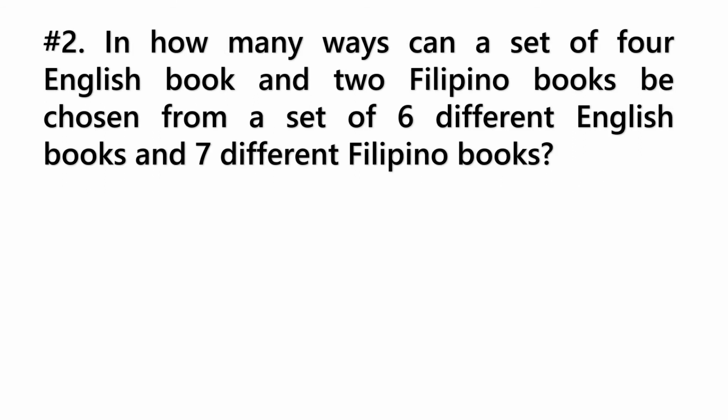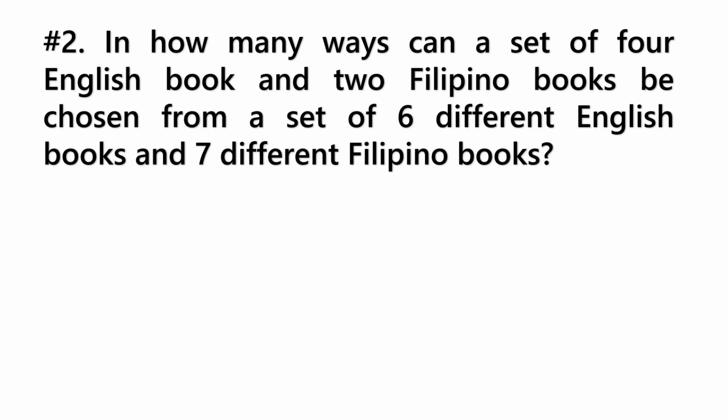Example number 2. In how many ways can a set of 4 English books and 2 Filipino books be chosen from a set of 6 different English books and 7 different Filipino books? Now remember, hindi ka naman pwedeng kumuha ng 4 English books doon sa 7 Filipino books.